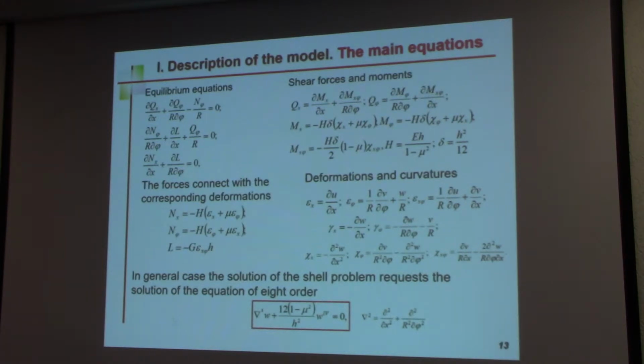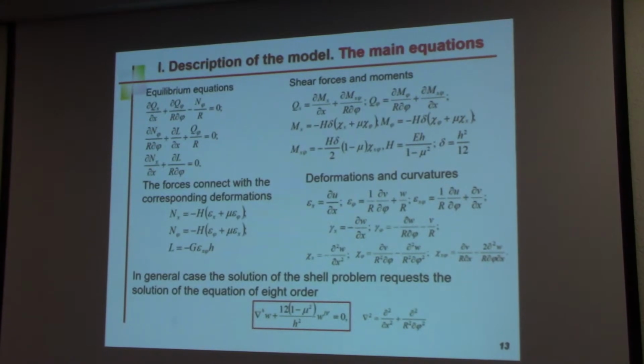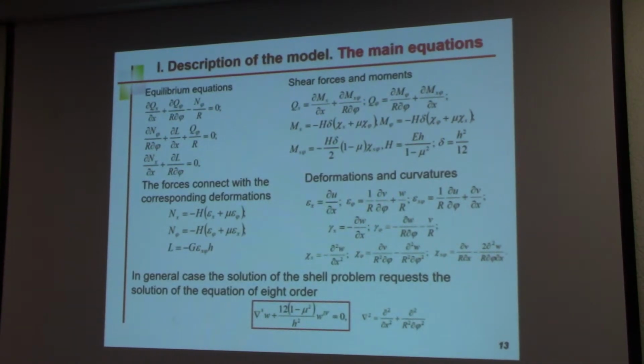All these equilibrium equations, physical equations, and geometrical equations lead to this equation of 8th order. Generally it's complicated to solve, but in this case we will find a complete solution.